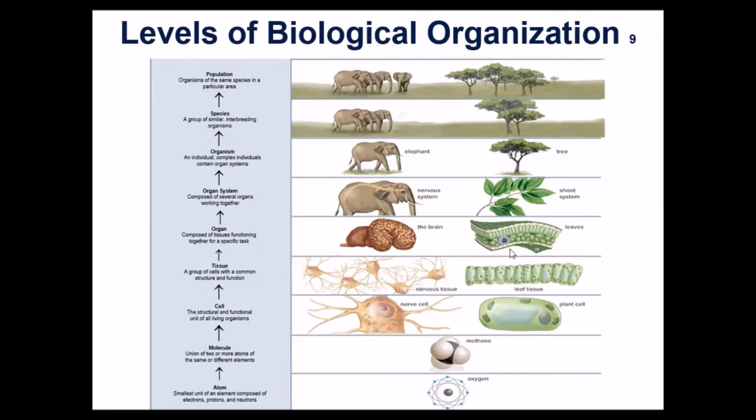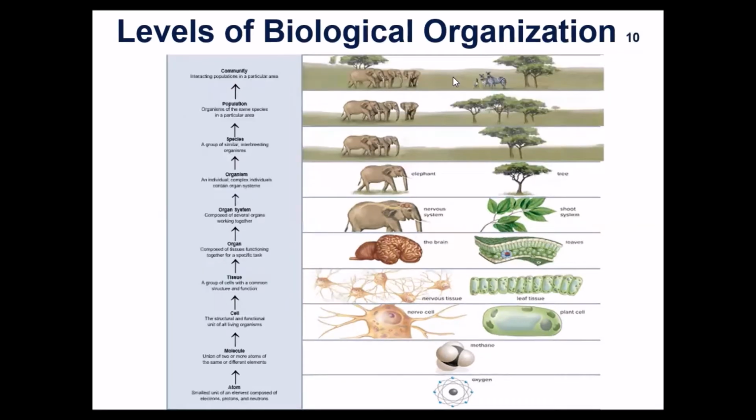If we're dealing on the plant side of things, I could have a population of trees. We're still getting larger and larger on our level of organization up here. So what would happen whenever you included other populations within a general area? In other words, I'm not going to have just elephants living on their own.